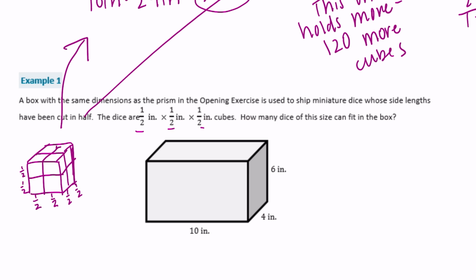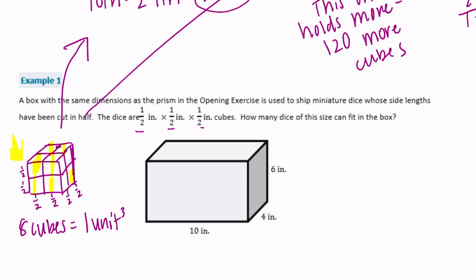You can see when all of the side lengths are a half, we can count 1, 2, 3, 4, and in the back 5, 6, 7, and there's one hiding back there, 8 cubes. So there's 8 cubes in 1 cubic unit when the dimensions are cut into half.